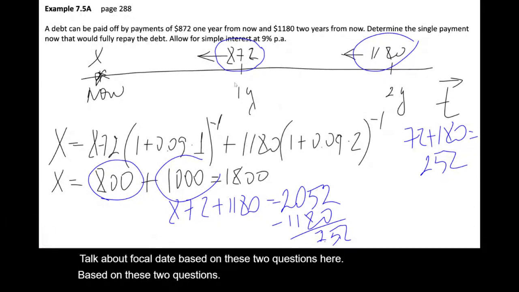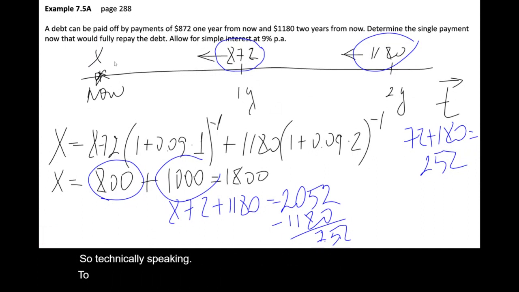So technically speaking, to find x, I couldn't just add 872 plus 1180, right? If it was your debt, would you pay $2,052 today? Anybody?